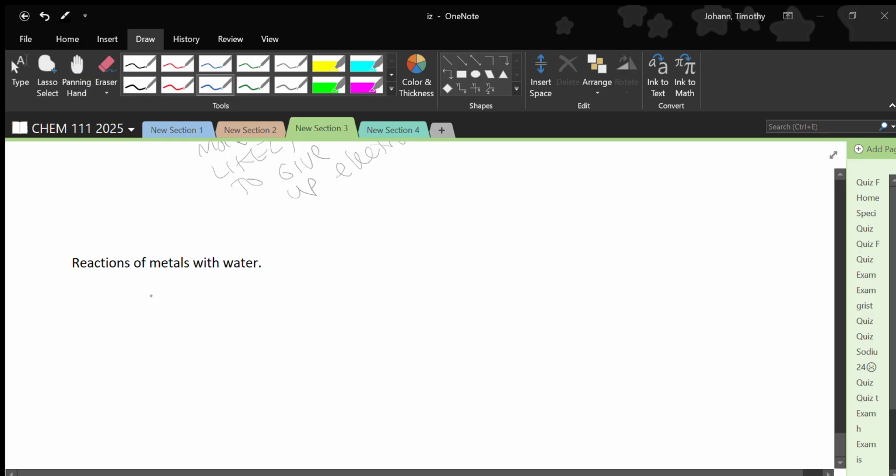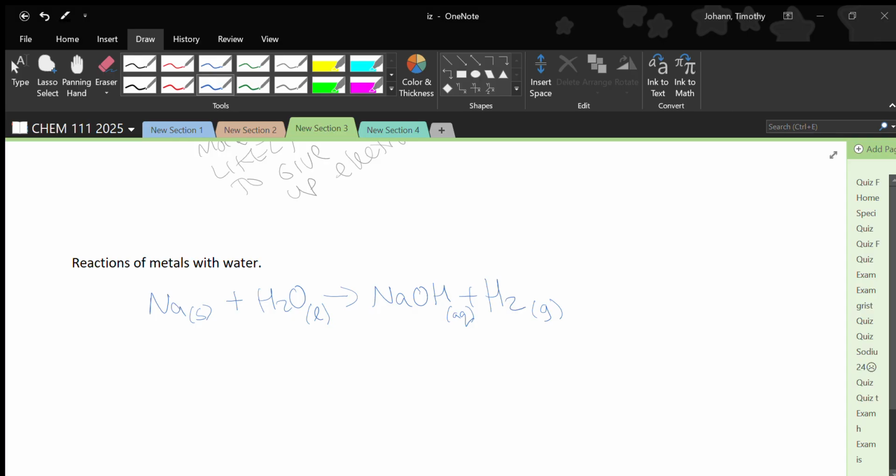So an example of this is sodium metal. If you take that and throw that in water, what will happen is you will get sodium hydroxide plus hydrogen gas. Right, this is not a balanced equation at the moment. This is going to be aqueous. This is going to be liquid. I'm not going to bother balancing these for the moment. You should be able to balance this sort of thing.